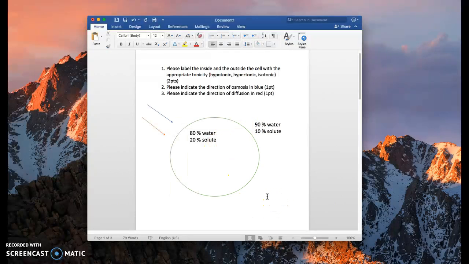So as a really quick definition, hypertonic, let's make that a little bit bigger. There we go. Hypertonic is when there is more solute and less water.